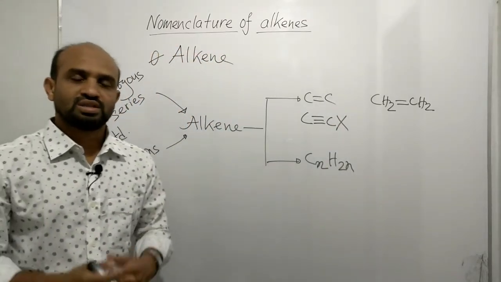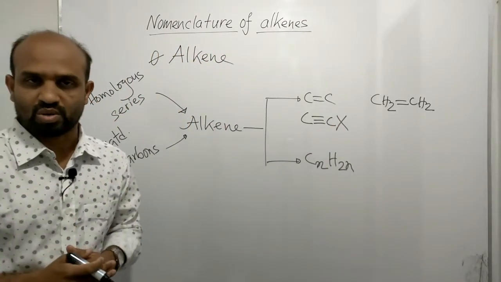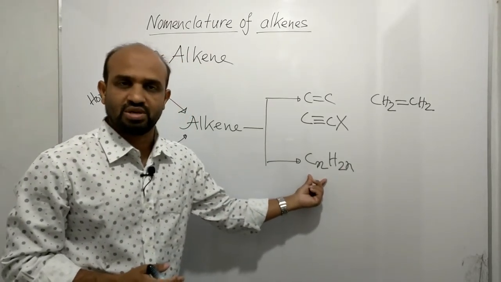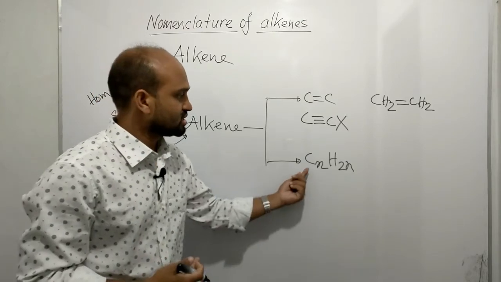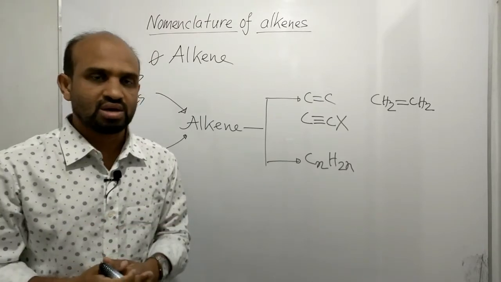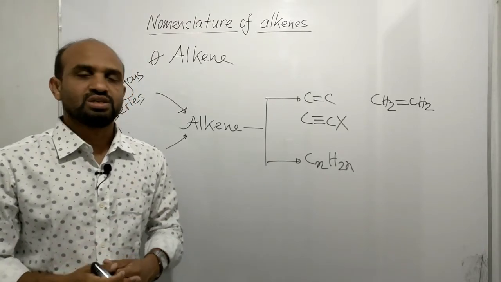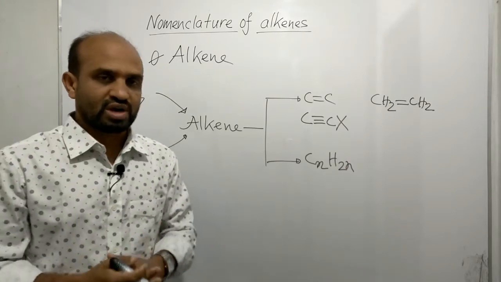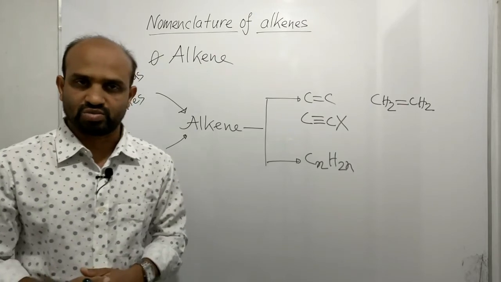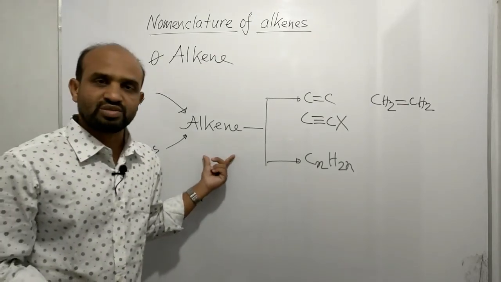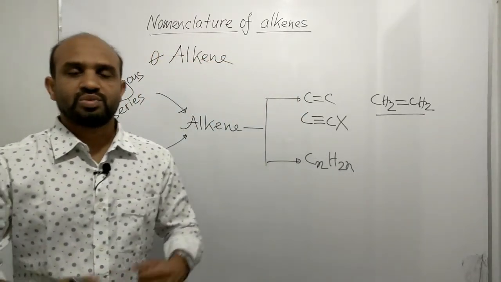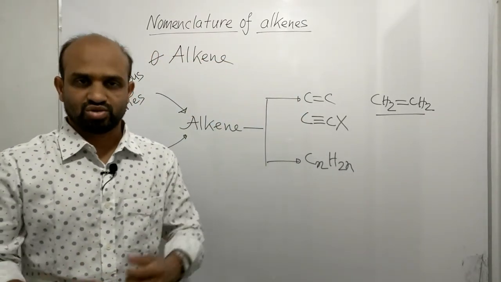And when the compound contains only one carbon-carbon double bond, then the compounds are expressed by a general formula, that is CnH2n. That means when a compound contains only one carbon-carbon double bond, then the compounds will have number of hydrogen atoms doubled than number of carbon atoms. And here the first member of alkene is ethene, then propene, butene, pentene, and so on.